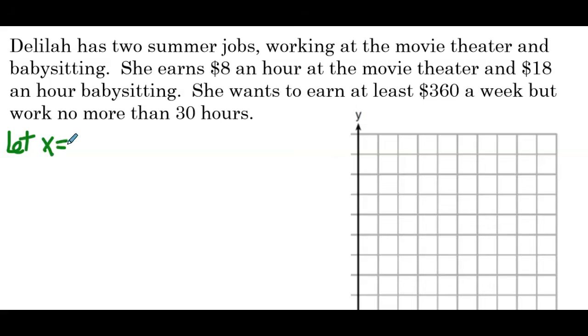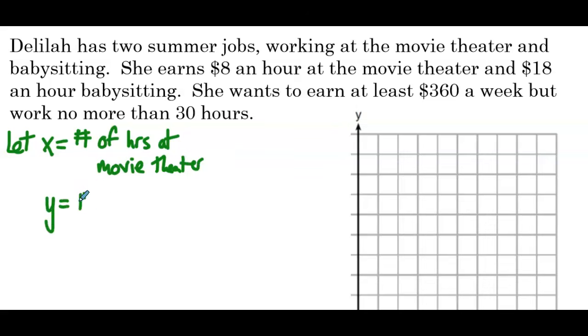Defining our variables, we'll let x be the number of hours at the movie theater, and we'll let y be the number of hours babysitting. So we've defined our variables.